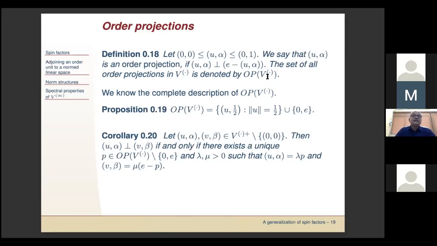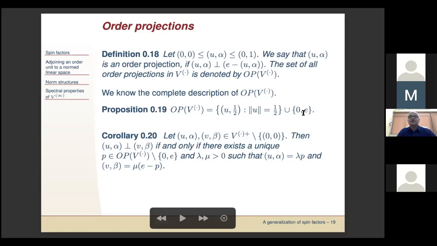These are the properties which hold without the norm, so that's why I kept just a dot, to show that no norm is there. We know the complete description, because we have the characterization of orthogonality, and that tells us that (u, alpha) will be an order projection if the norm of u is half and alpha is also half, if the projection is other than 0 and the identity.